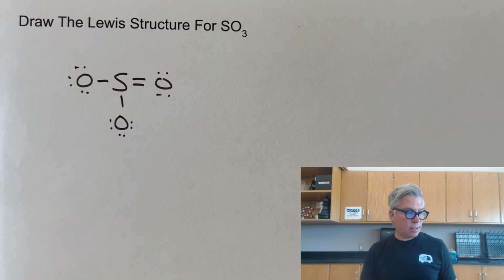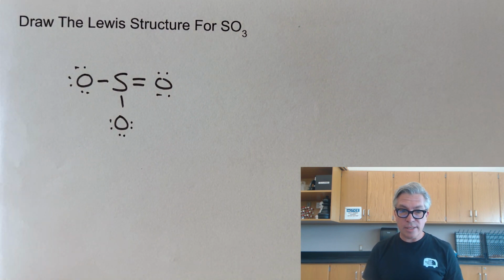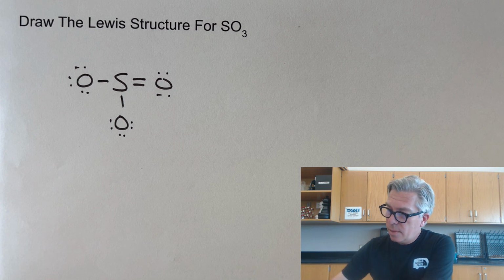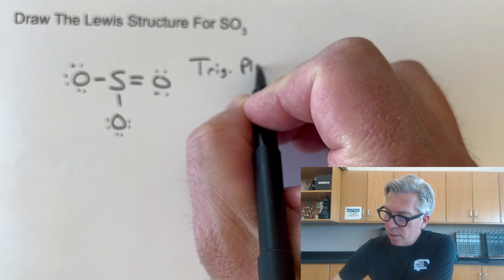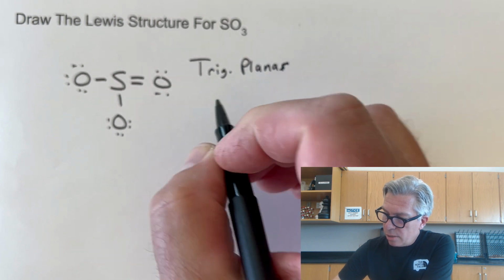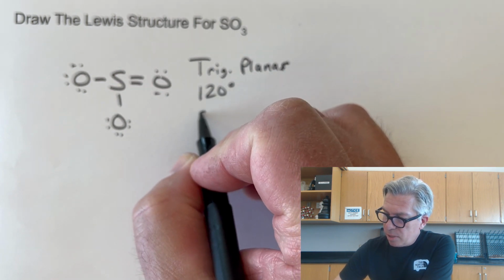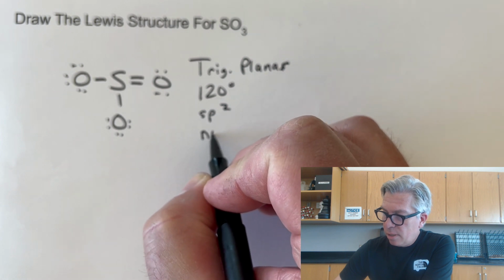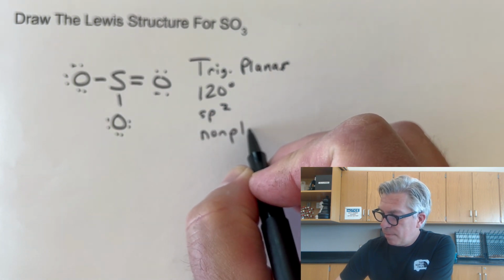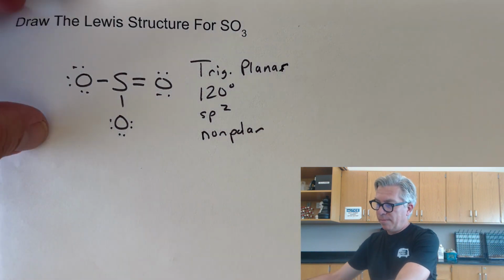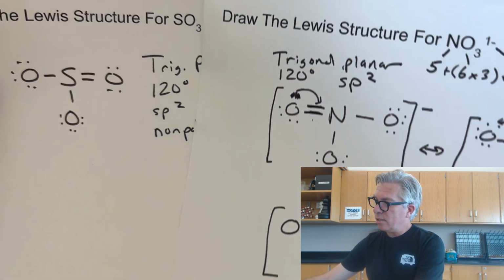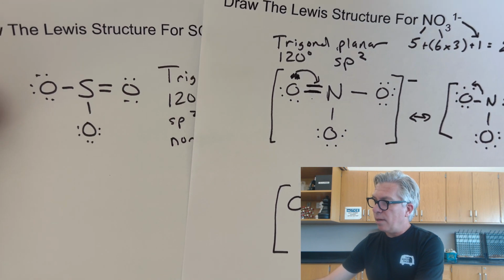All right, and take a moment and try to classify that one. Back here in a sec. And if you also saw that this was trigonal planar, 120-degree bond angles, sp2 hybridized, and nonpolar, just like the NO3. And here's a fun little fact. You might have noticed a similarity between SO2 and NO2, or NO3.